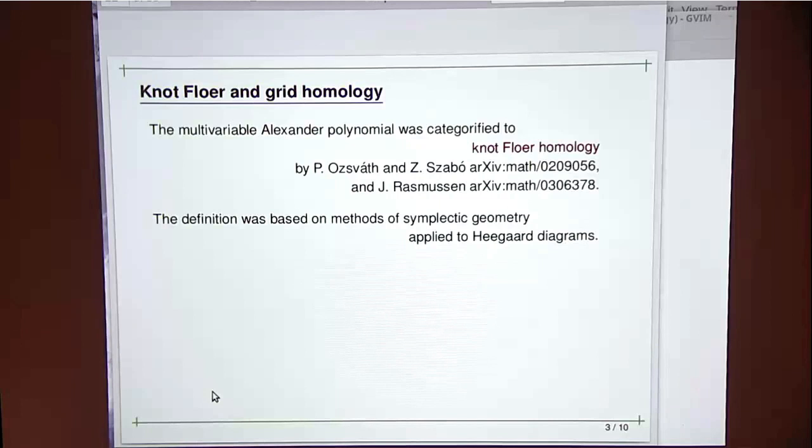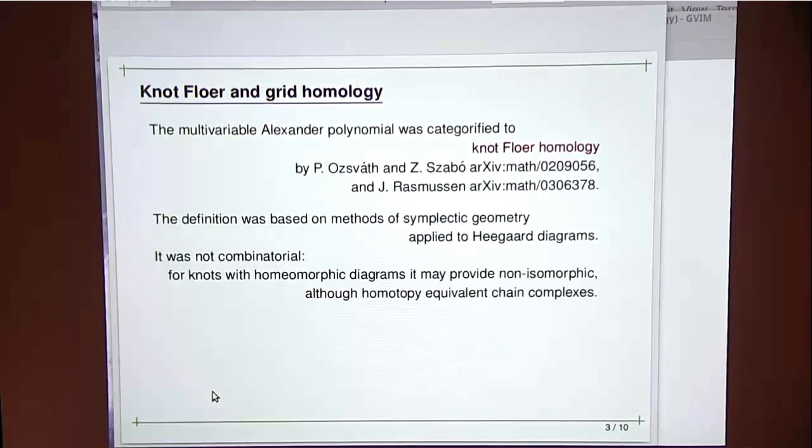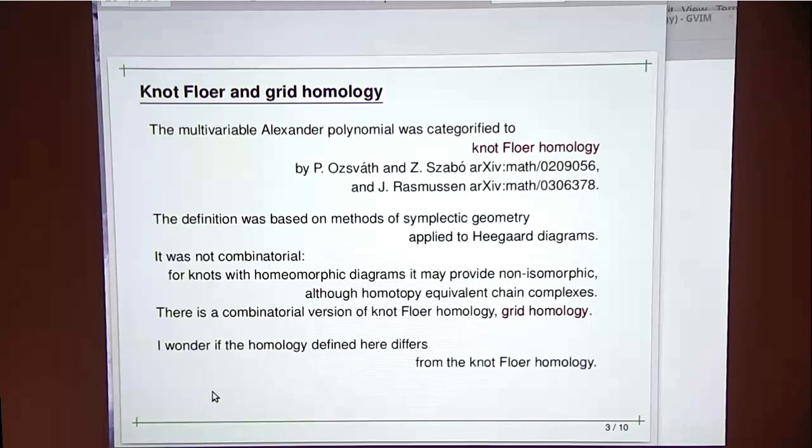It was not combinatorial in the following precise sense. For knots with homeomorphic diagrams, it could happen that the construction provided different complexes; differentials depended on that. There is a combinatorial version of knot Floer homology, but then it is with a huge complex. So again, calculation is not easy.